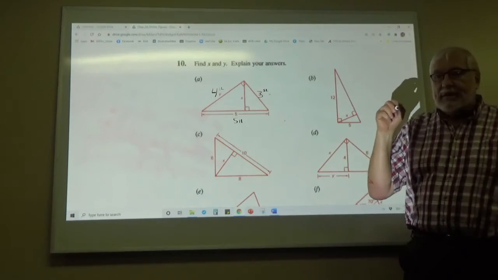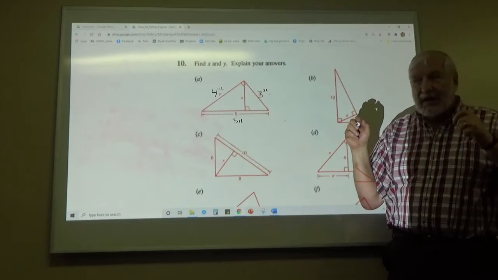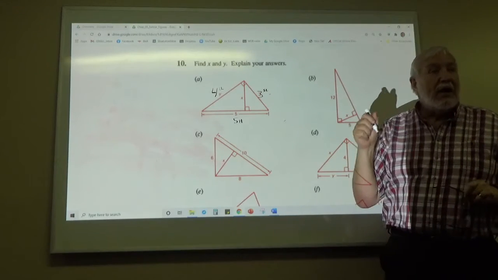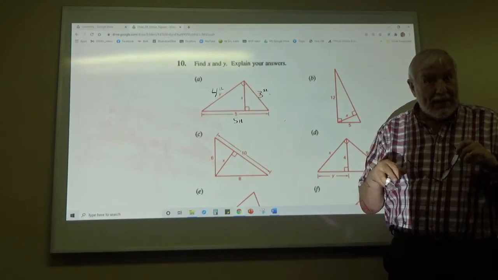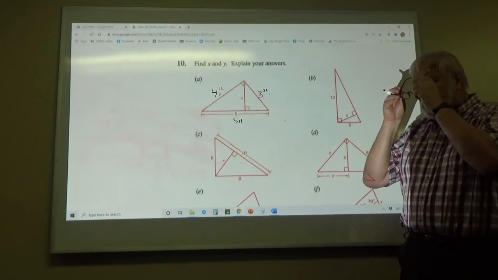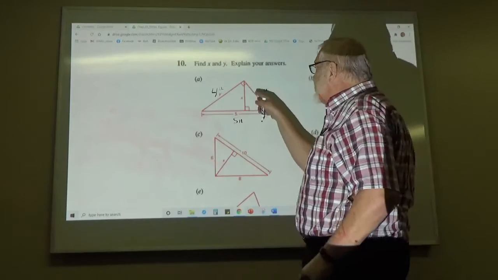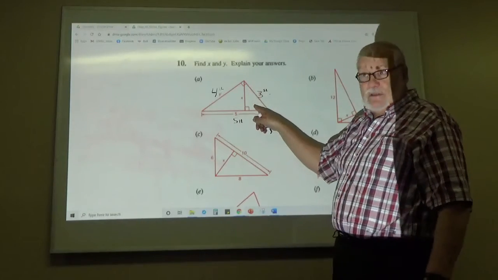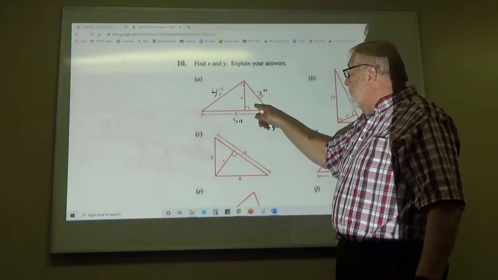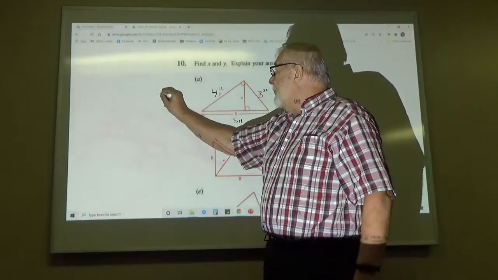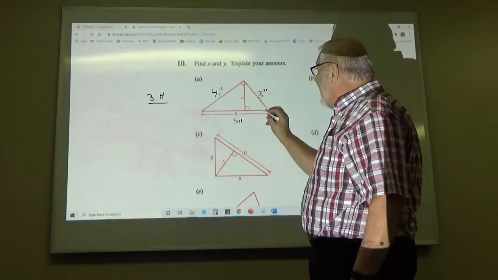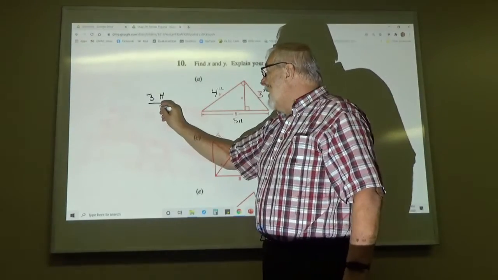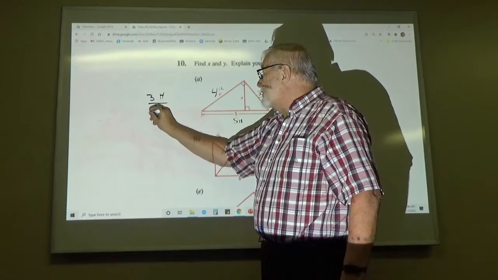One of the things that we worked on last week is that these 3 triangles are all proportional. So what I'm going to do with this particular triangle, I see the little one. In the little triangle, the hypotenuse is 3, and the long leg is x.